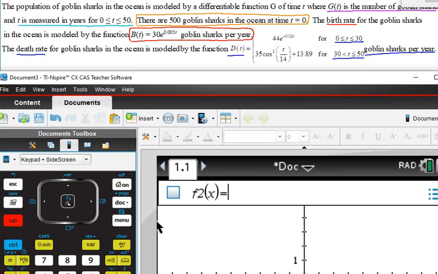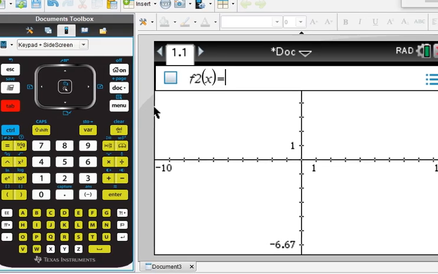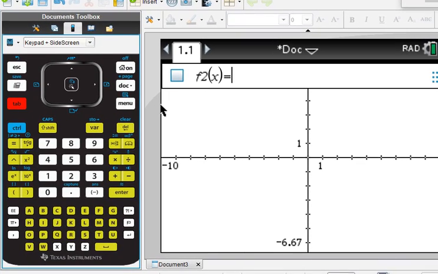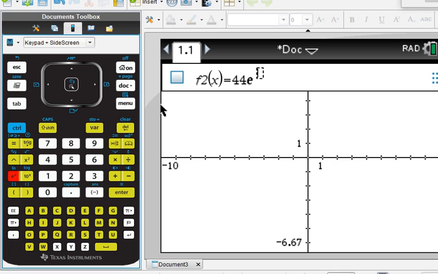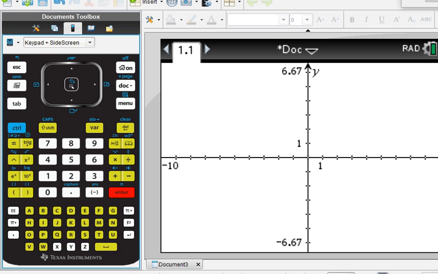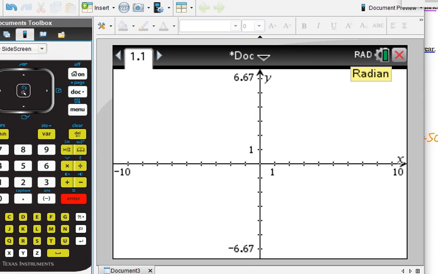F2 was 44e to the negative 0.02x, so 44e negative 0.02x. And then let's move this over here.